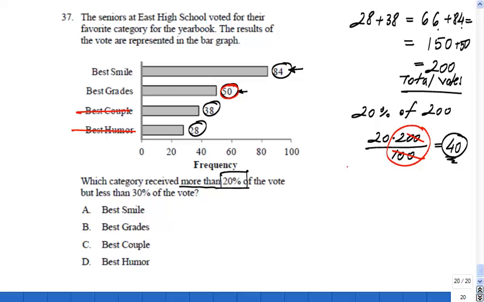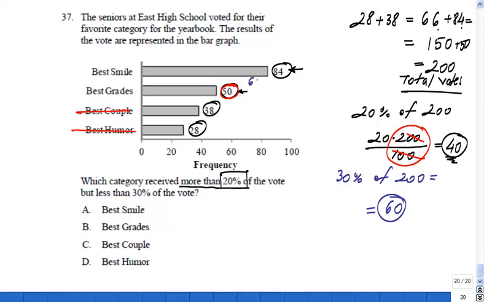But in order for you to verify, the next step should be to find what is 30% of 200, right? And by following the same approach, it will be 30 times 200 over 100, which is 30 times 2, which is 60. So 60 votes will be representing the 30% of the total number of votes.